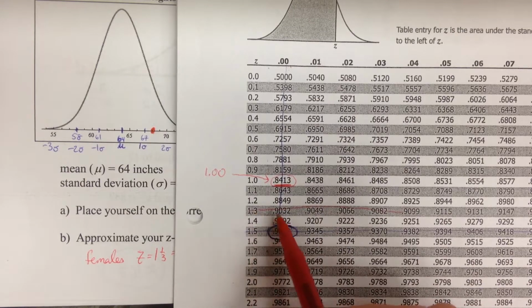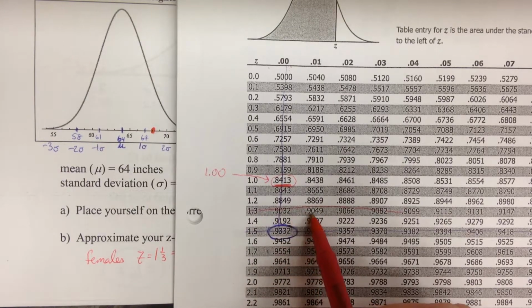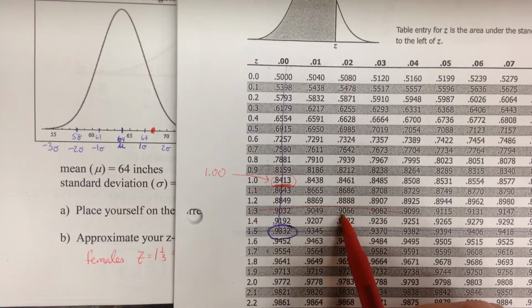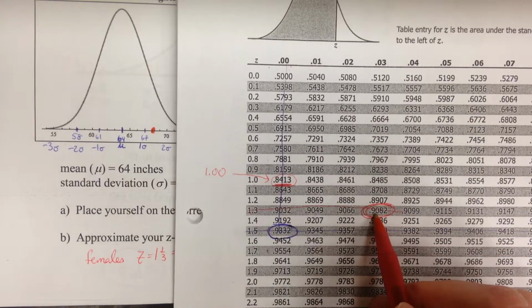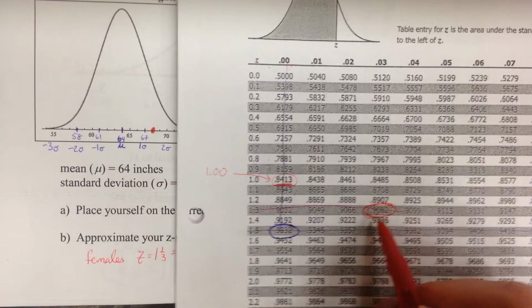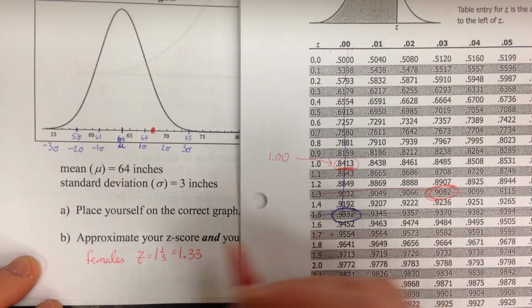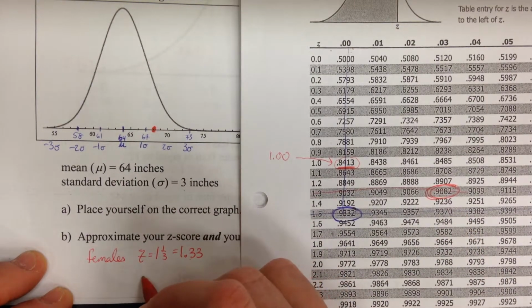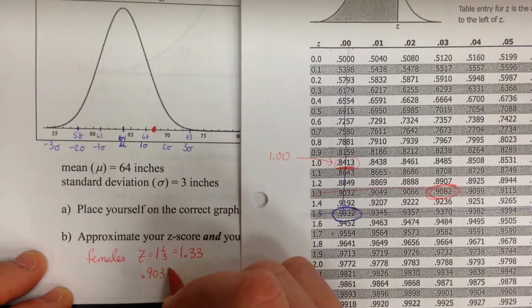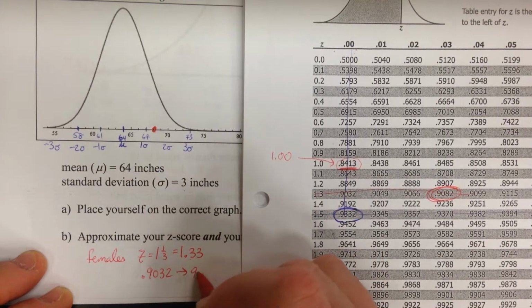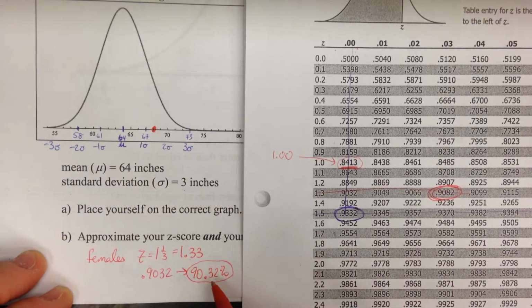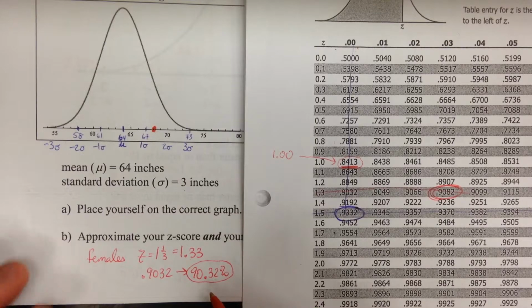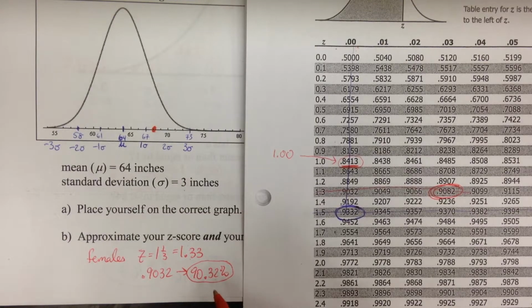So I'm just going to go across 1.30, 1.31, 1.32. Here's 1.33, 0.9082. So the percentile would be 0.9082, which is 90%. It's the 90th percentile. So if you are in the 90th percentile, that means you're taller than 90% of everybody else, basically, if we're talking about females here.